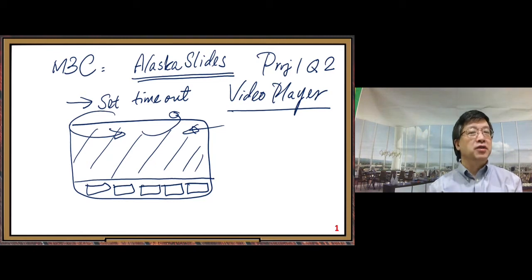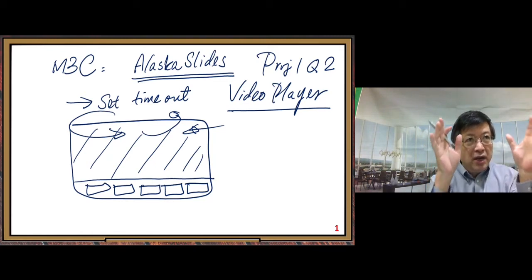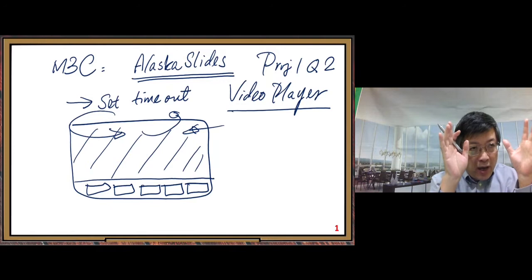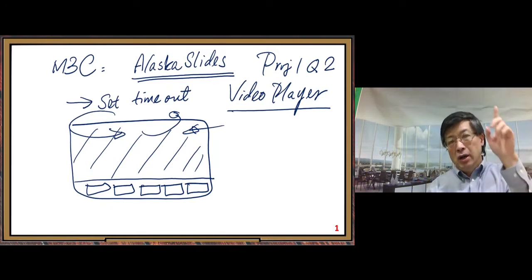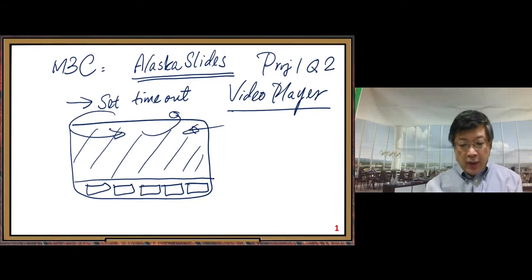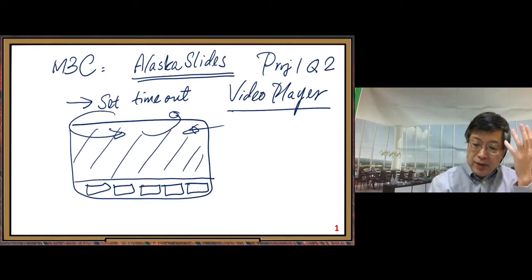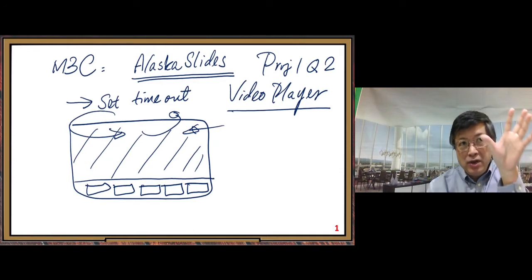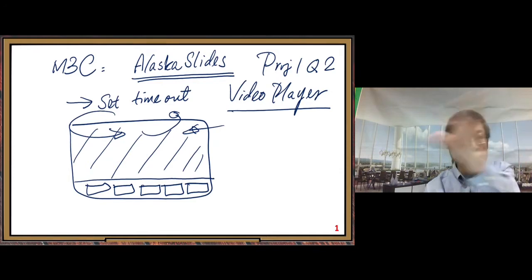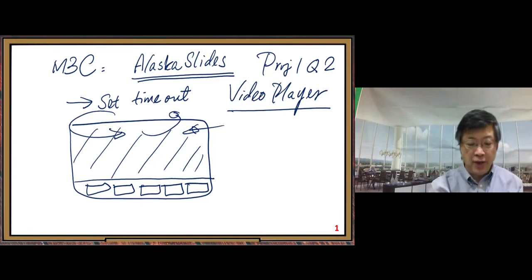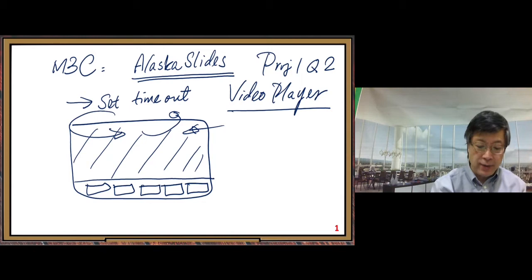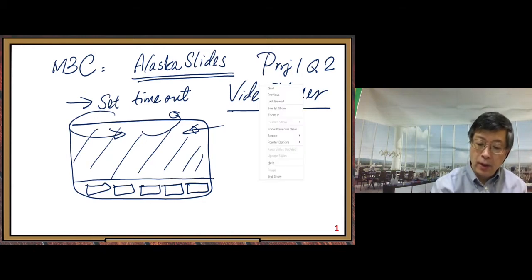That is the meaning of what I would like you to do in this question. To help you understand better, let me show you the program, the pages. I want to show you the real thing so you can get a better understanding. All right.